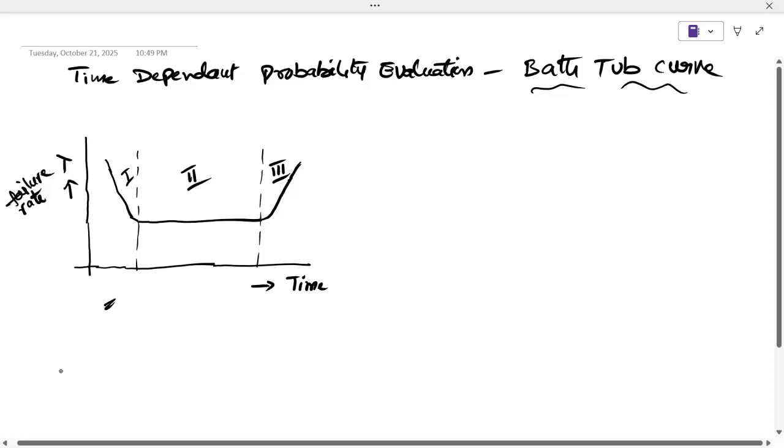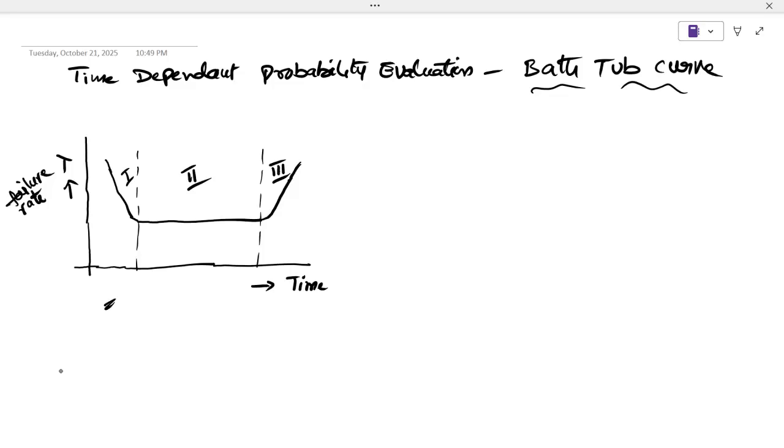If you plot a graph between failure rate and time, with time on the x-axis and failure rate on the y-axis, you will get a graph which almost looks like a bathtub. It begins at a high position, in the middle it is low and constant, and gradually it goes to a high position again.